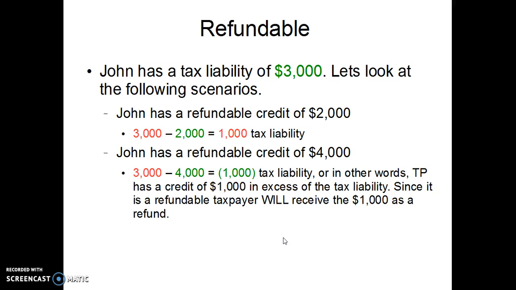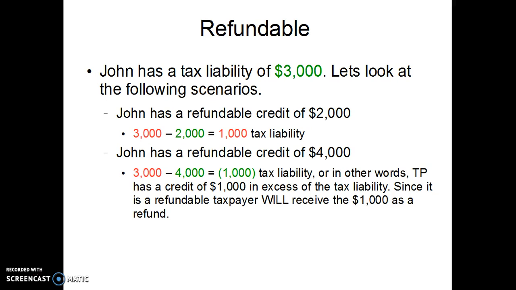We're going to look at the different types of credits that we have, but the very first one that you can think of as a refundable credit is the taxes the taxpayer pays throughout the year, the amounts that are withheld from a taxpayer's weekly check, the federal withholding. That is basically money that they've paid. If they've paid more than what they should have paid, they will get that back because that is a refundable credit.